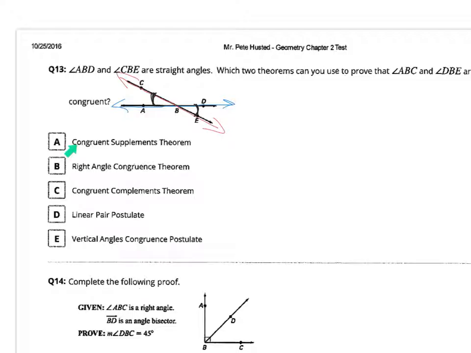Is it congruent supplements, right angle congruence, congruent complements, linear pair, or vertical angles? So look at these guys. When two lines cross, we know that these opposite angles are equal. Which one of these tells us that?